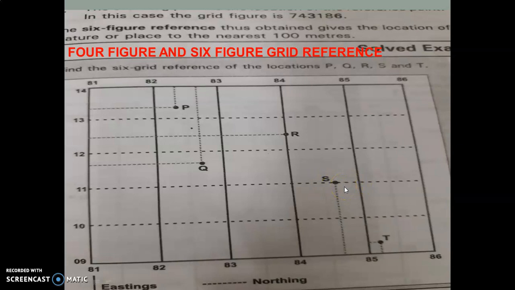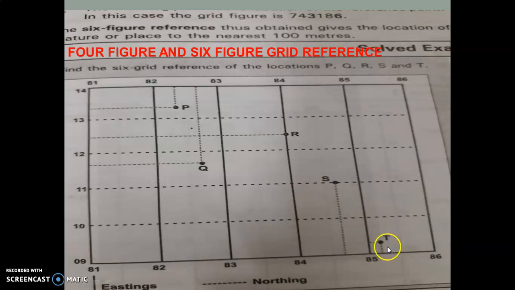To calculate the 6-figure grid reference of the symbol S, again we divide this northing line into 10 equal parts. Suppose here it will be 7. So here 8, 4, 7, 1, 1. We divide this easting line into 10 equal parts. These two lines intersect, so here it will be 0. So the 6-figure grid reference of this point is 8, 4, 7, 1, 1, 0.